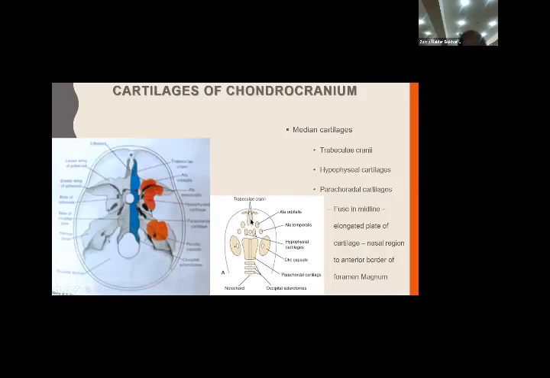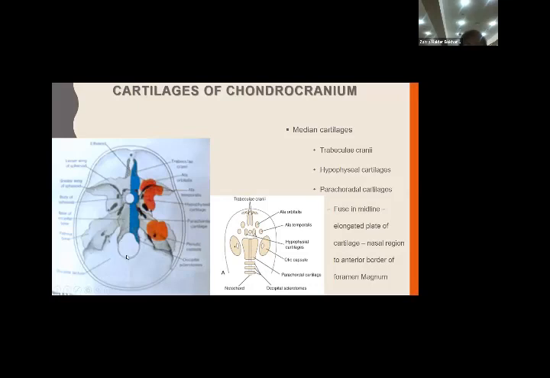All these three cartilages, trabecular cranii, hypophyseal cartilage and parachordal cartilage, join together and make up a long plate of cartilages. Now note that this long plate of cartilages starts from the region of the nose and runs back to the foramen magnum.